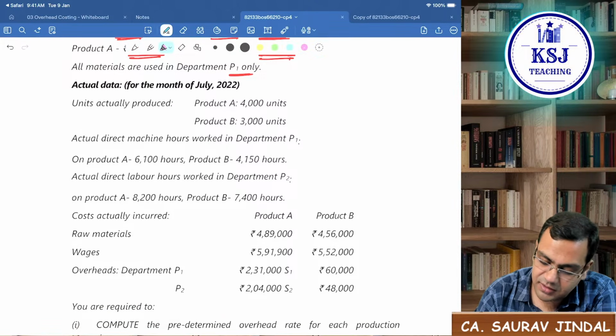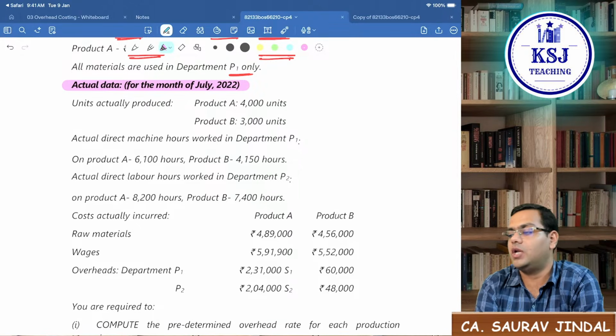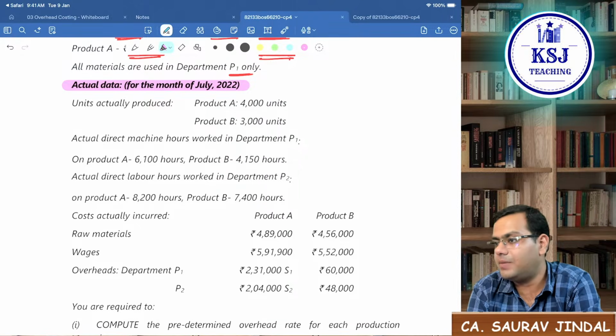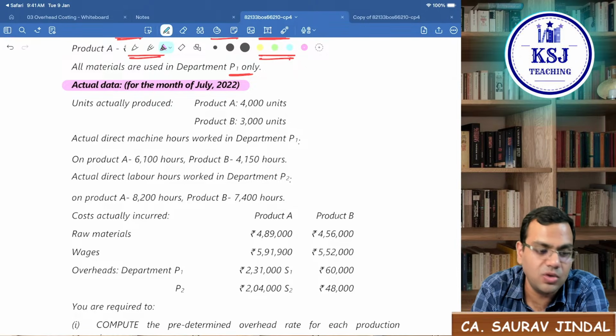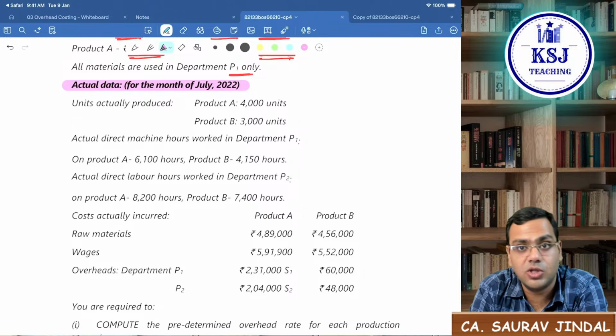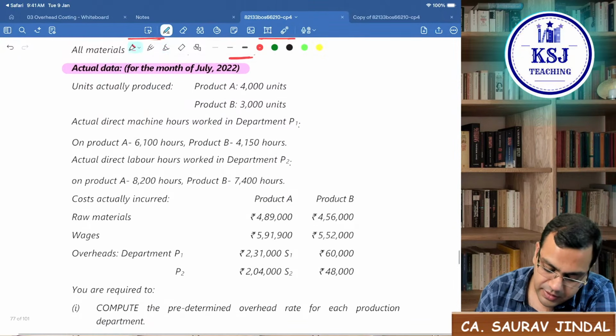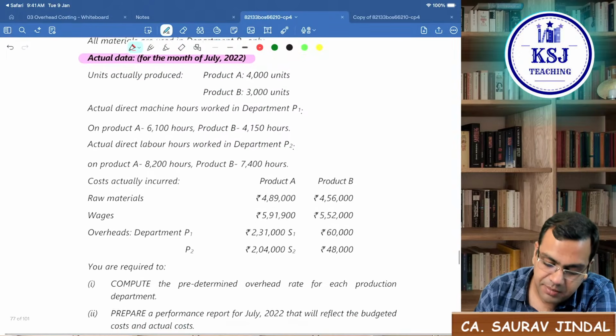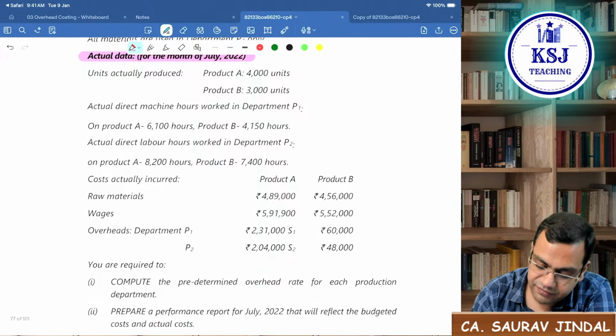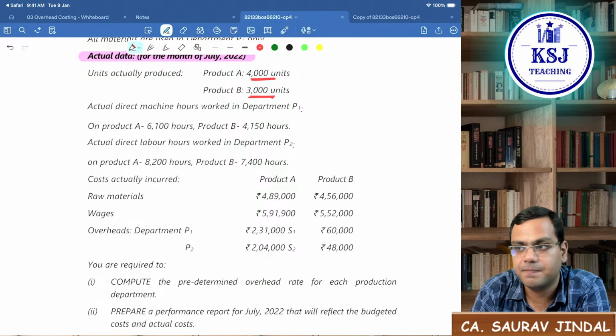Then what is given? See here, the actual data for the month of July 2022. So for a particular month, they are giving you the actual data. The units actually produced are product A 4,000 units and product B 3,000 units.